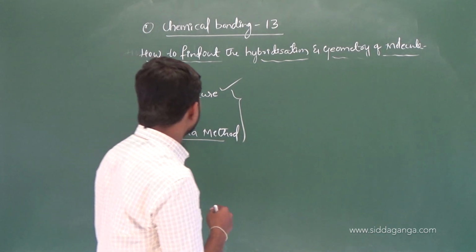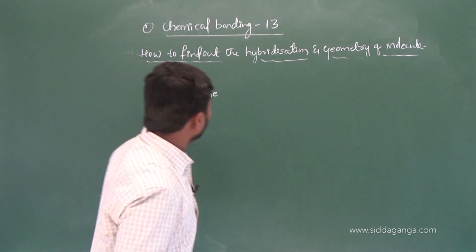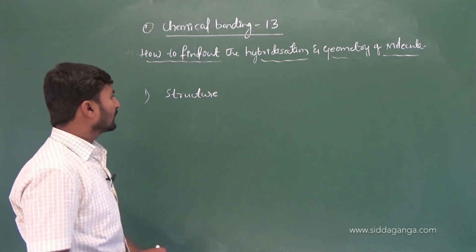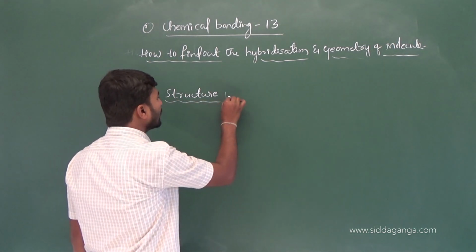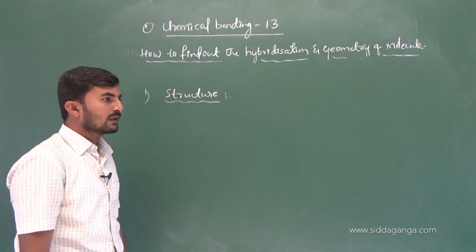First we will move on to the first method for the identification of hybridization, that is by knowing the structure of the molecule. Okay, this is very important.